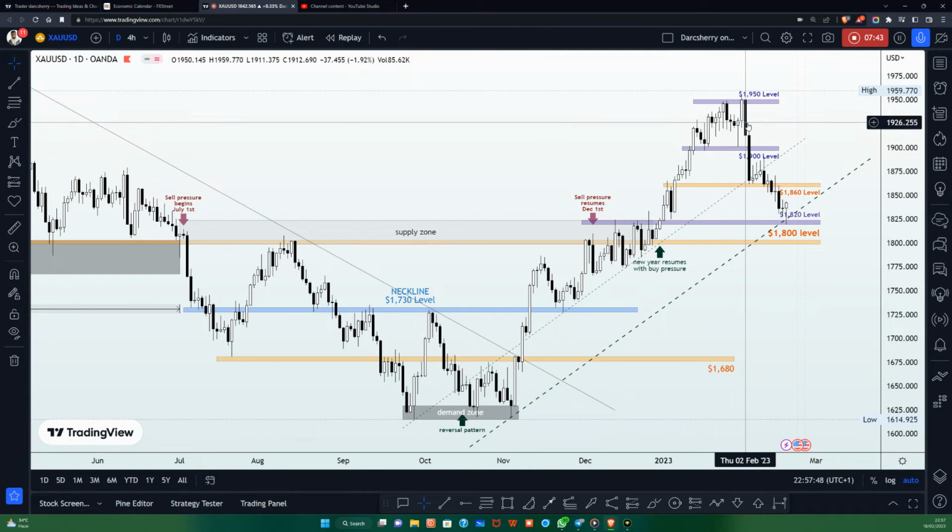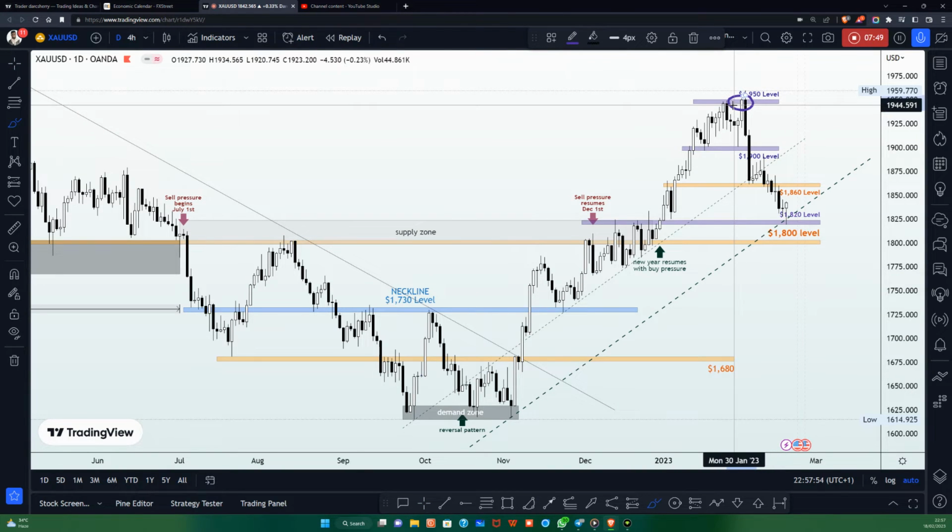And in the last 2 to 3 weeks, we saw a situation where price negated the 1950, as all attempts by the buyers to break out of that structure were negated by selling momentum, which led into a situation where price broke down structures like the 1900.